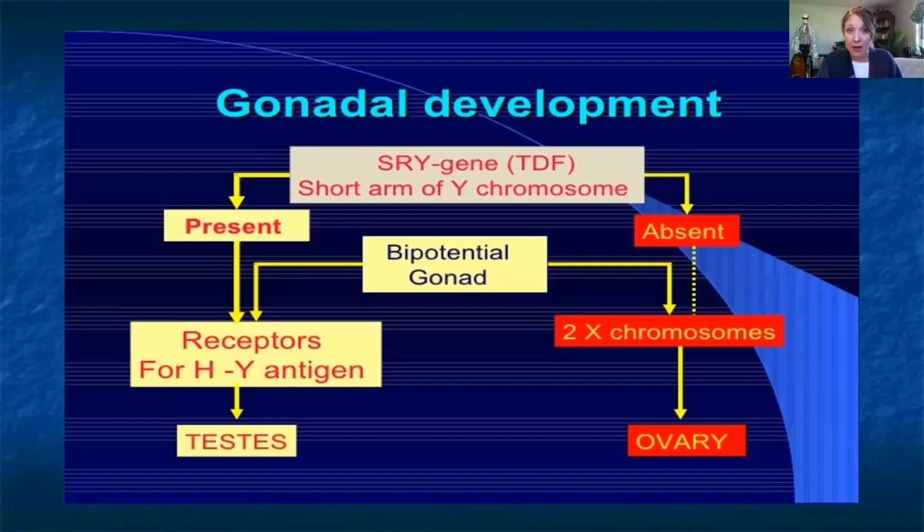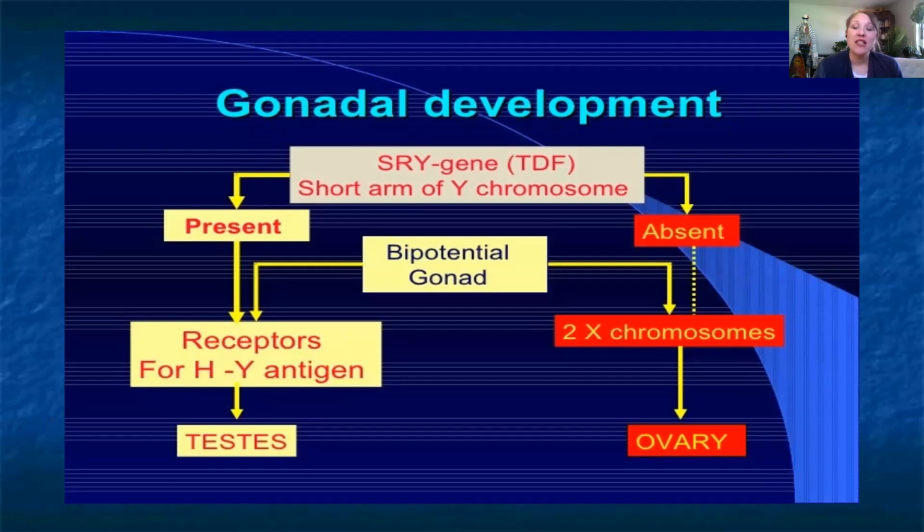So I wanted to quickly mention that gene that we talked about, the SRY gene. The SRY gene is in charge of what we call gonadal development, so the development of the gonads. And it's found on the short end of the Y chromosome. And basically what happens is early in development, we are default female, meaning if there is no SRY present, if there's no gene present, we will automatically go through the development of ovaries, meaning that if the SRY gene is not there, we are going to default to be a female.